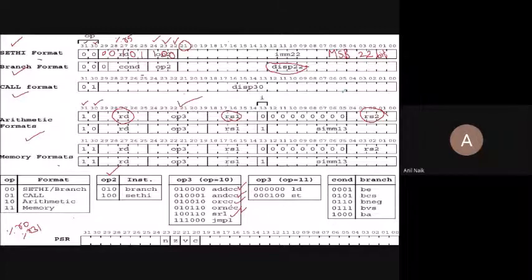Arithmetic and logical operations. And the 13th bit decides whether both operands are from the registers RS1 and RS2, or one is a register and the other is a constant value. Similarly for the memory instructions.